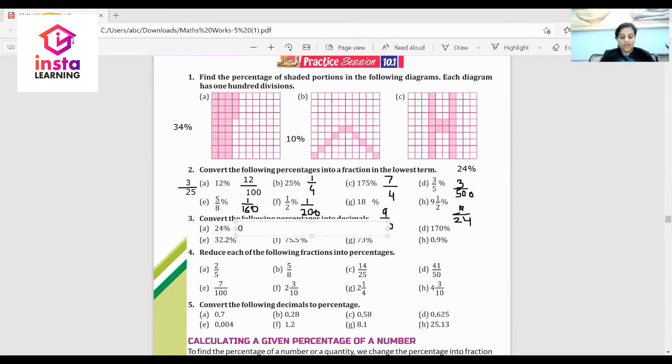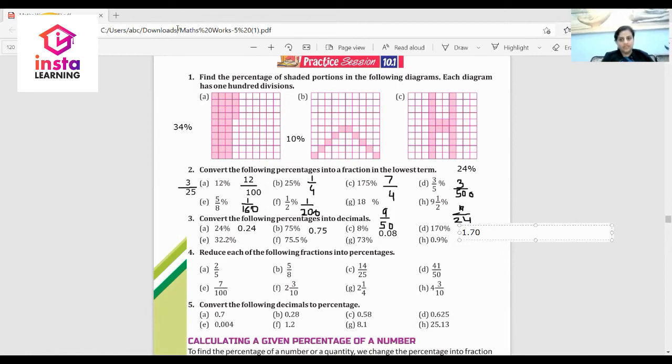So 0.24 is the answer. 0.75 is the answer. 0.08 is the answer. 1.70 is the answer of this question, when it is already given with 1 point.